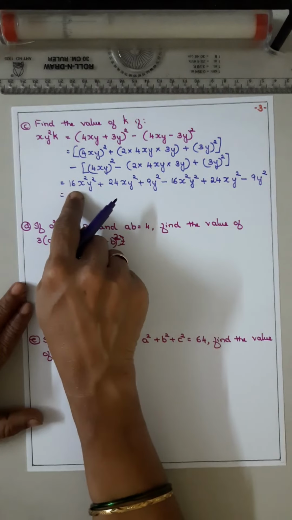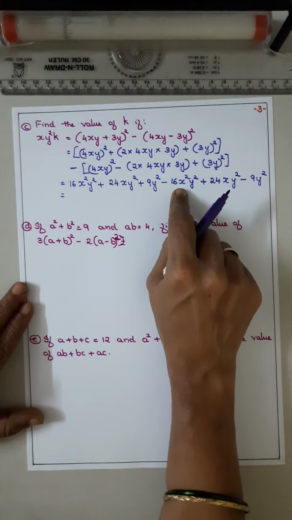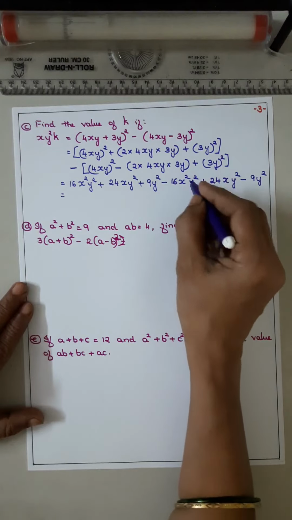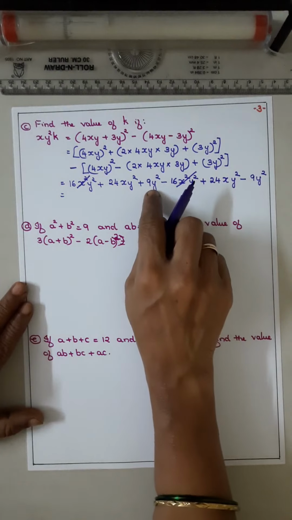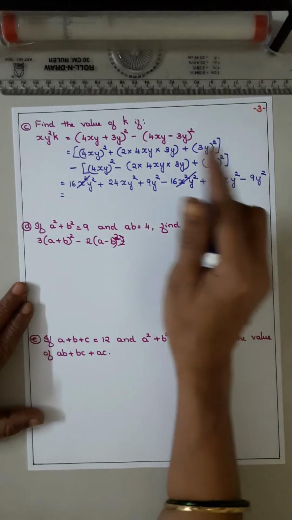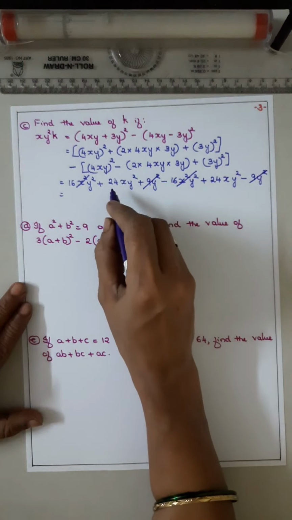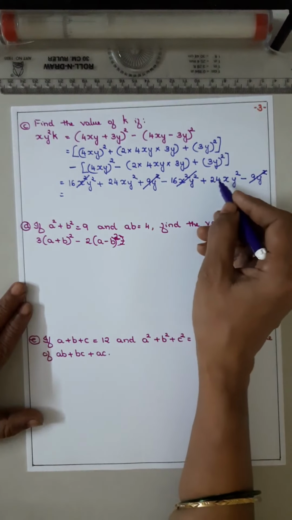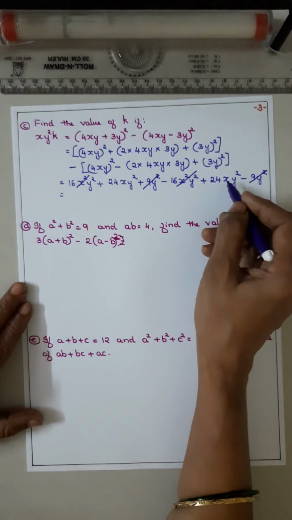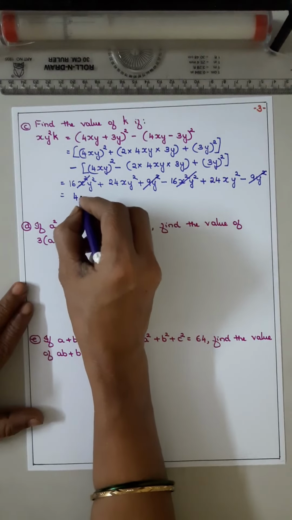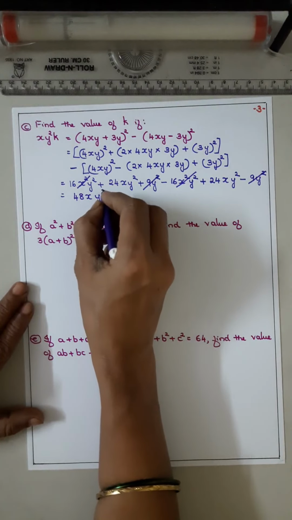Now 16x squared y squared minus 16x squared y squared gets cancelled. Now plus 9y squared minus 9y squared gets cancelled. What's remaining? 24xy squared, 24xy squared. 24 plus 24 will be 48 xy squared.